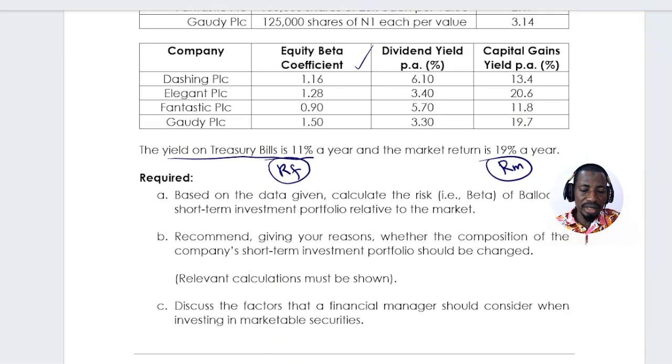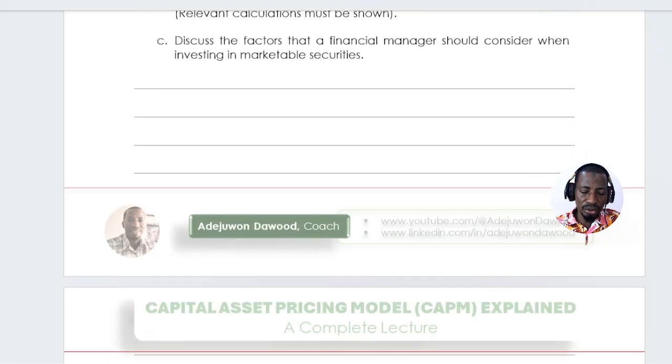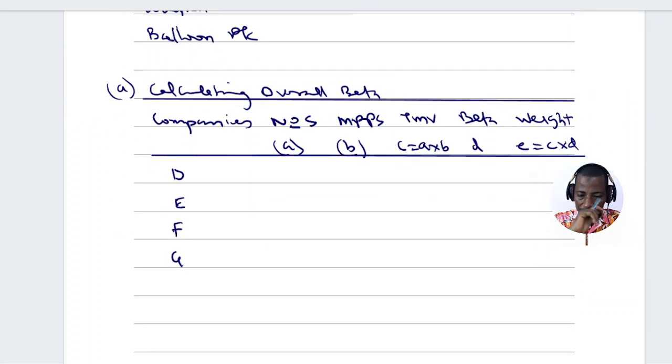So the number of shares in Dashing is 60,000 shares, 80,000 shares in Elegant, 100,000, then 125,000.